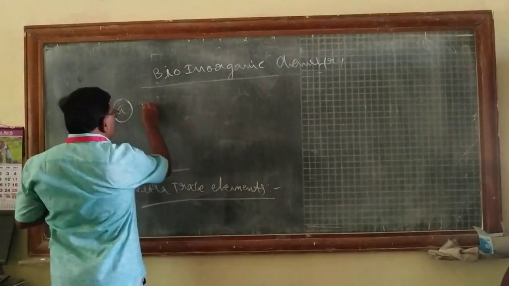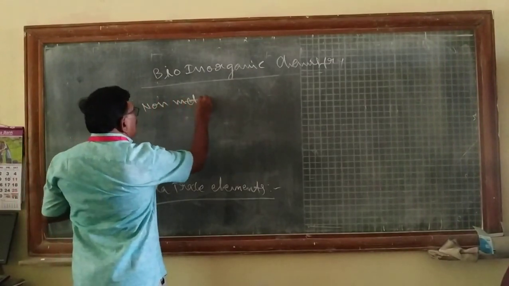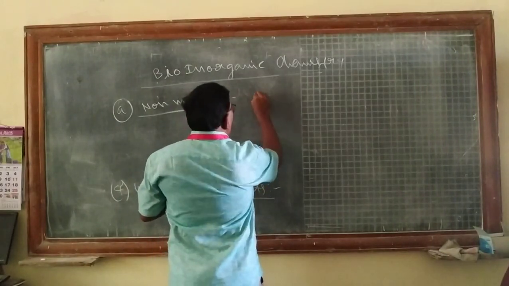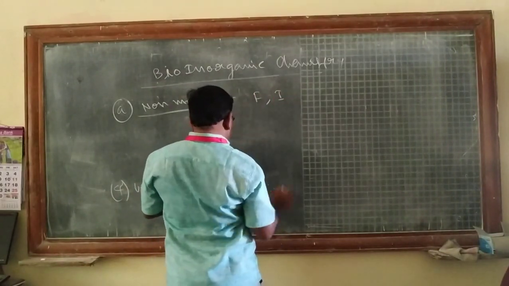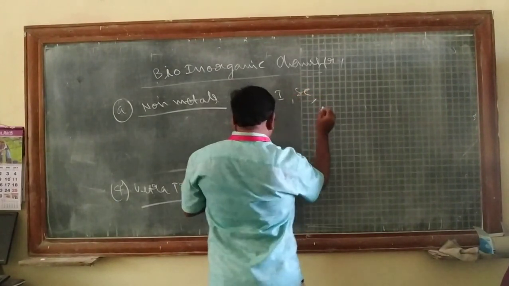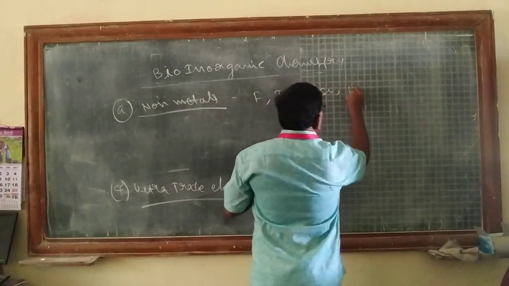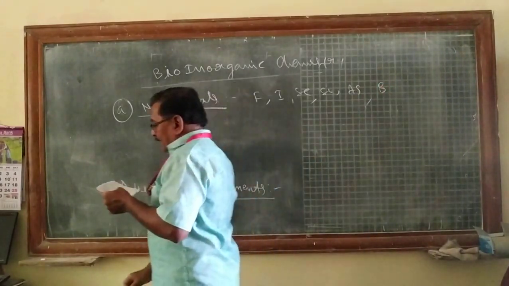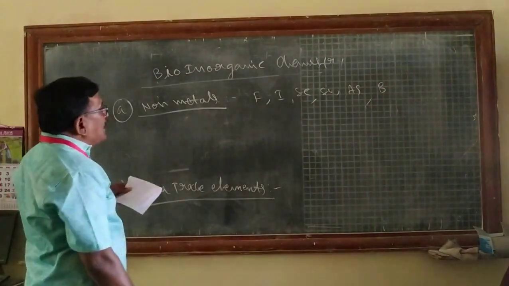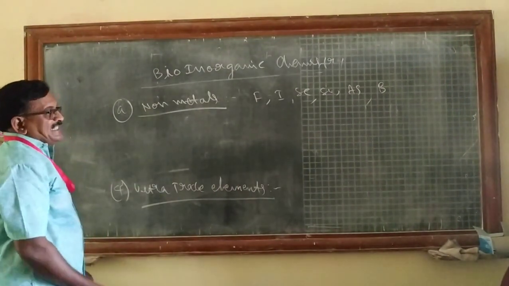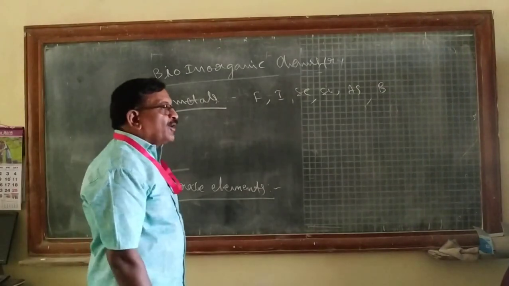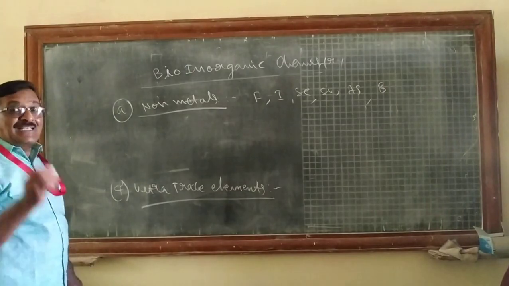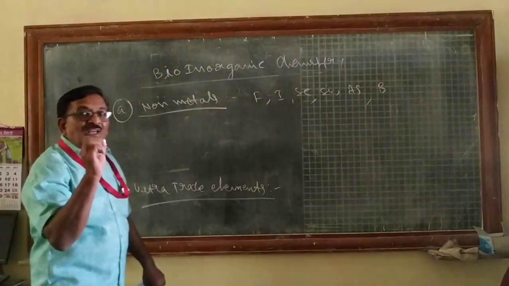The non-metals are fluoride, iodide, the next is selenium, the next is silicon, the next is arsenic, and the last one is boron. So the non-metals are fluoride, iodide, selenium, silicon, arsenic and boron. All these are present in the ultra trace elements. They are present very rarely.